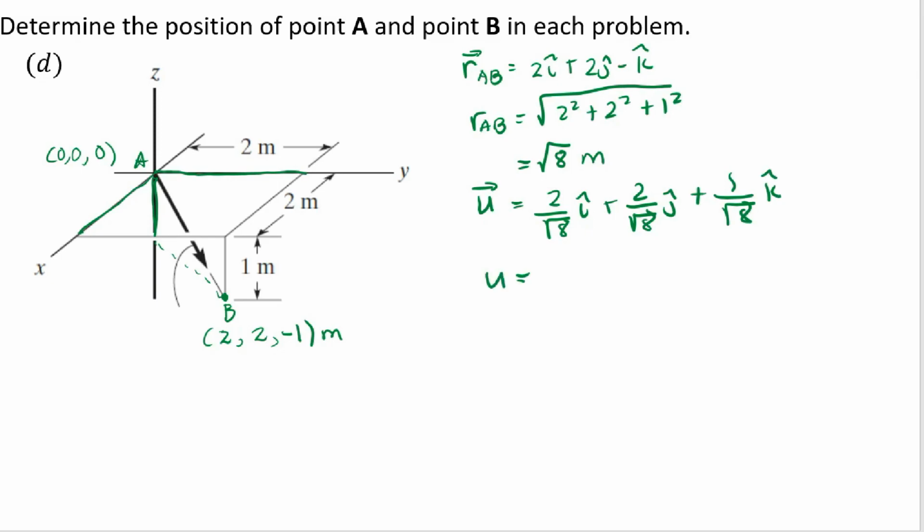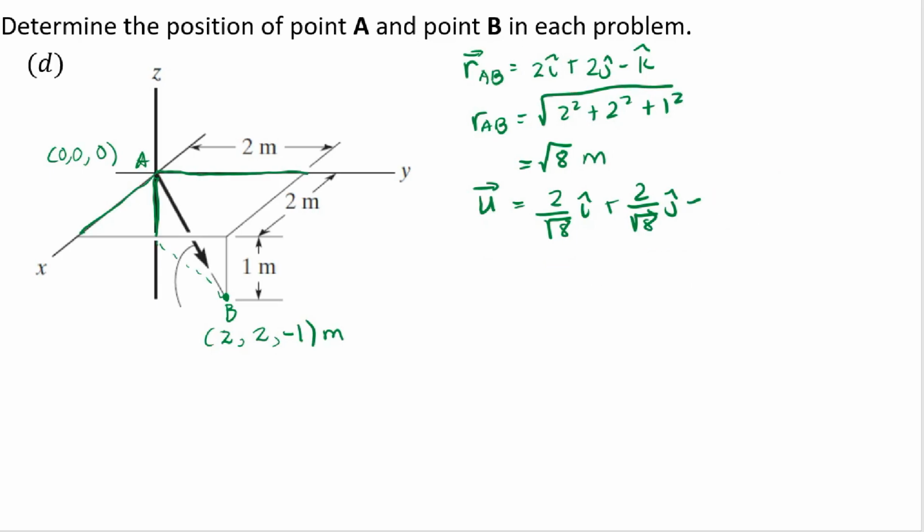And the answer for our unit vector is 0.71 i hat plus 0.71 j hat minus 0.35 k hat, since 2 divided by square root of 8 is 0.71, and 1 divided by square root of 8 is 0.35.